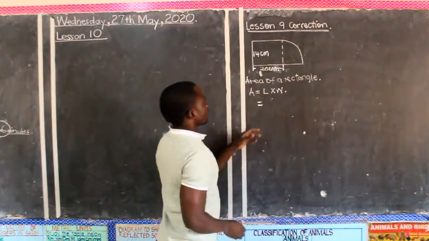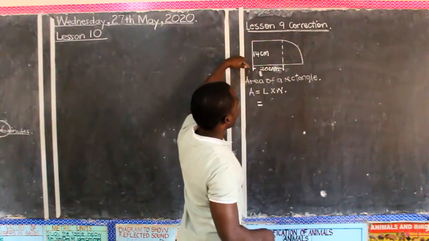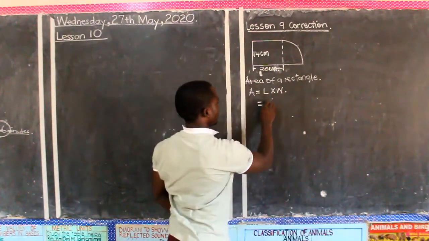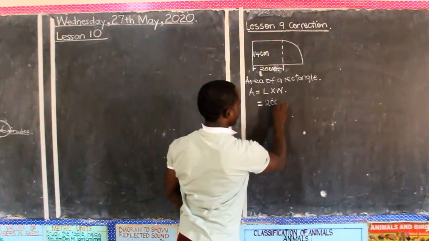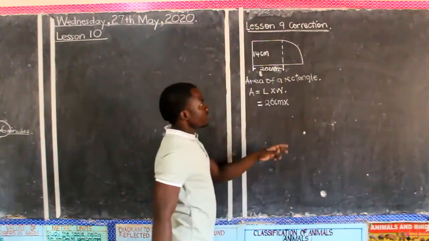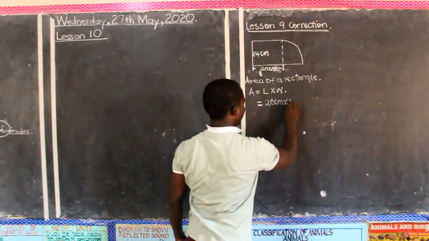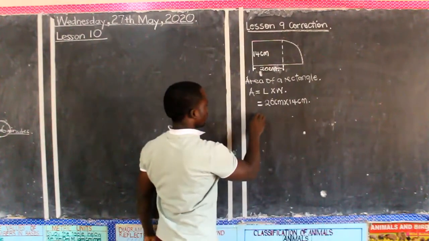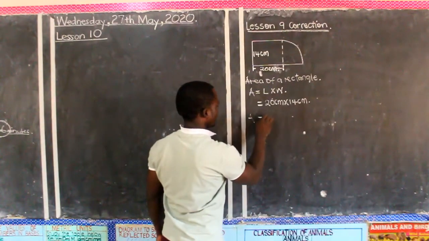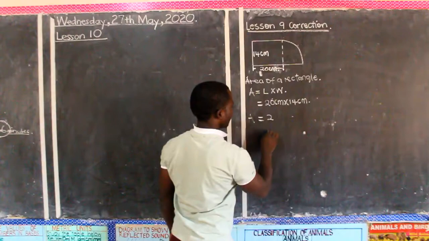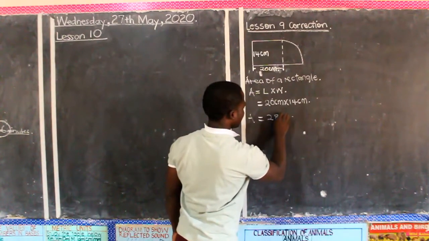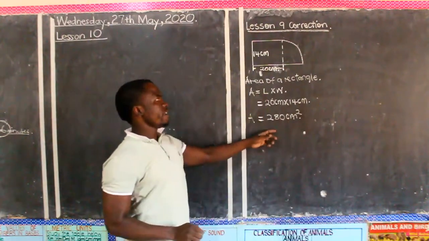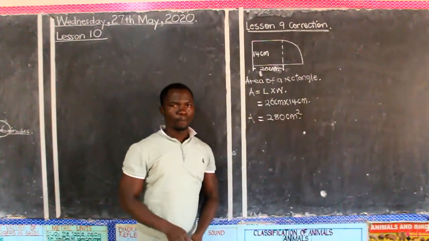The length of our rectangle begins from here up to here, and they are telling us that the length is 20 centimeters times the width of 14 centimeters. So when we multiply 20 times 14, we shall have 280 square centimeters. So this is the area of the rectangle.